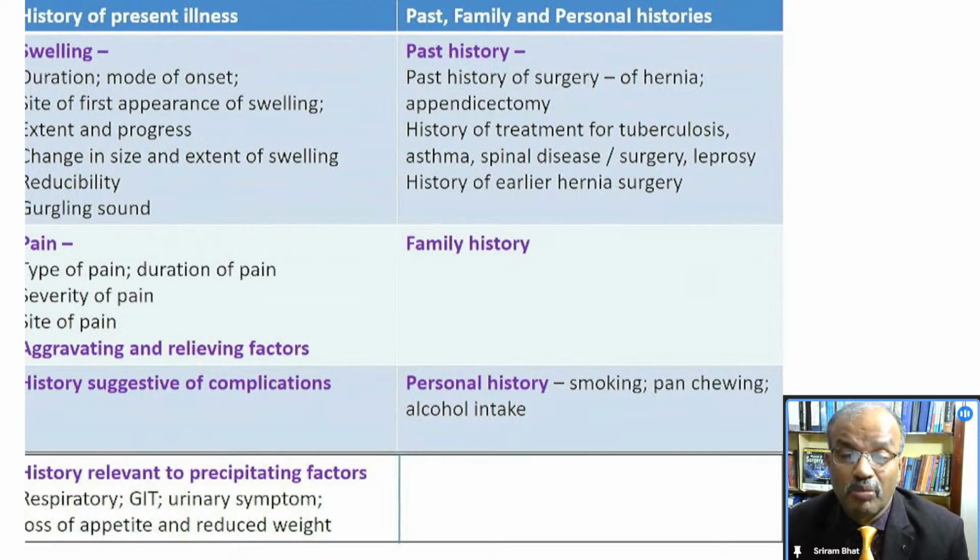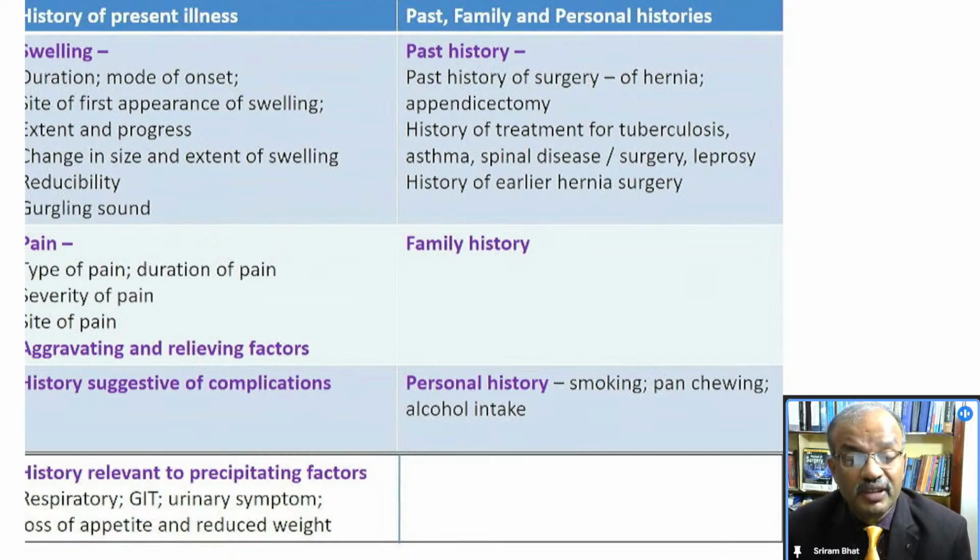In due course of time it may become an emergency, not with immediate effect; anytime it can become one. So for these complications, you should ask whether he had sudden onset of pain, whether he has a fever, abdominal pain, distension, vomiting, constipation, recent onset constipation after that, which means there is obstruction. All these histories you should ask very clearly. Then you get the idea that probably it is an emergency. You have to intervene surgically immediately.